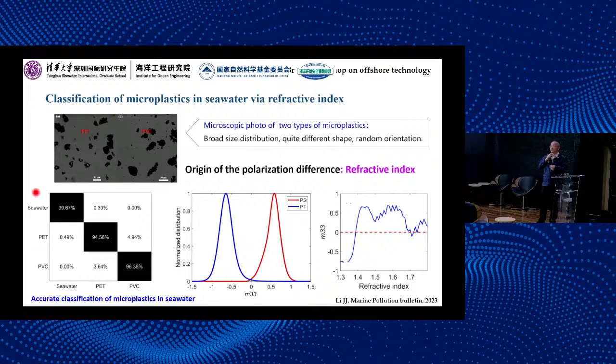We can almost recognize each kind of them with very high accuracy. We also studied the physical mechanism, and finally we found that the origin of the polarization difference arises from the refractive index difference.